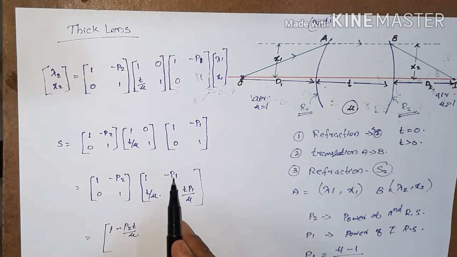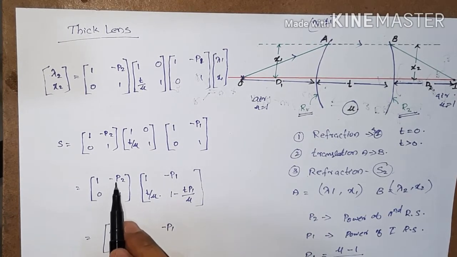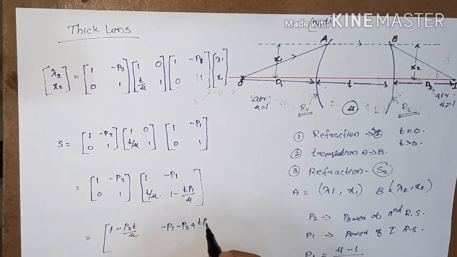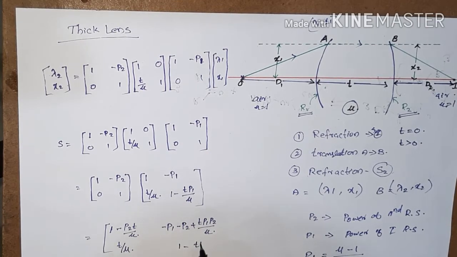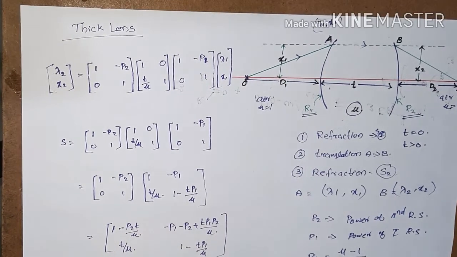And here 1 into minus P1 is minus P1, and multiplying this term to this term, minus and minus get plus, so we get minus P1 minus P2 plus T P1 P2 divided by mu. And here 0 into 1 is 0 plus 1 into T/mu is T/mu, and the last term is minus T P1 divided by mu. So this is the system matrix corresponding to a thick lens.